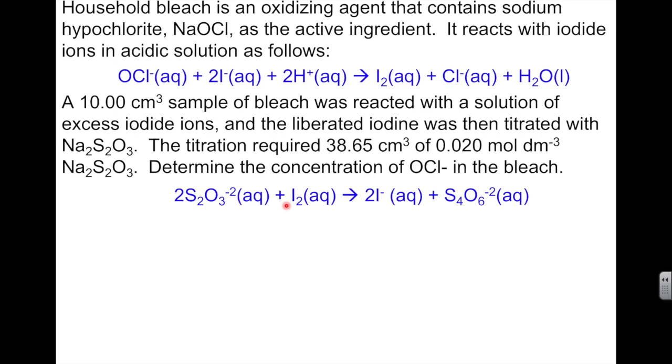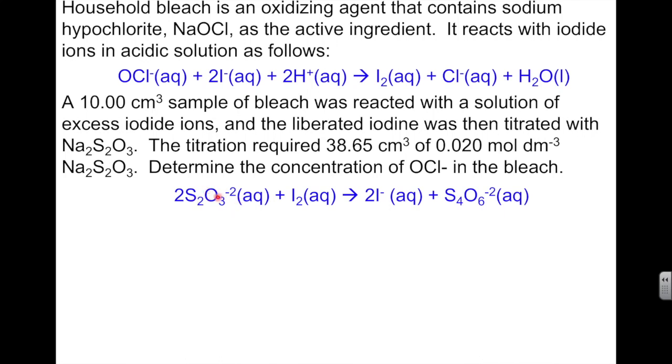And what we've got here, we have 2 equations now. So it is working out so that we have 10 milliliters of our bleach here, and it is reacting with the iodine, okay? And then it's titrated with this. Now it gives us the amount of titrant for this.